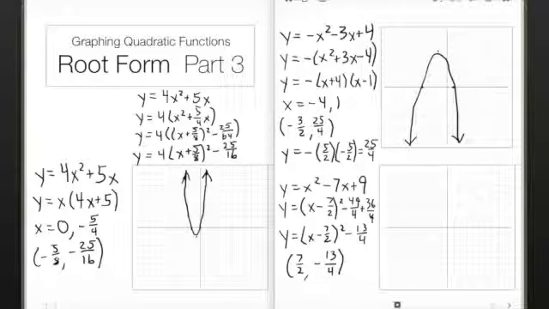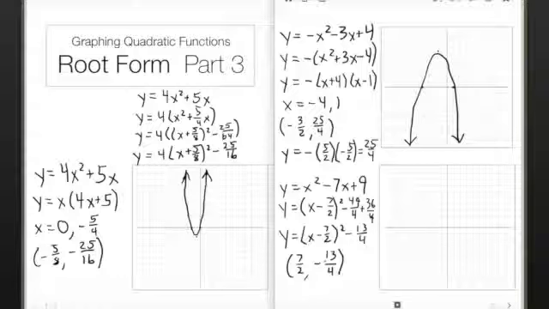Once we're in the form x minus b squared plus c, we have the x and y coordinates of the vertex. With the quadratic formula, you'd have to solve the whole thing first for x and then plug back in for y. So when you can't factor in order to get into root form, completing the square is going to be faster than the quadratic formula, just like we did here.